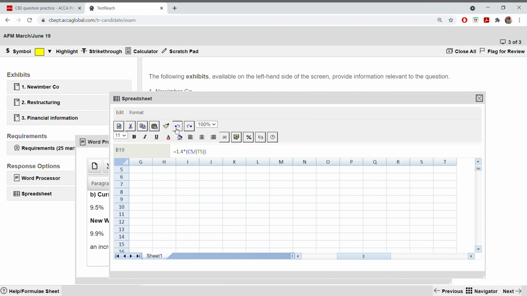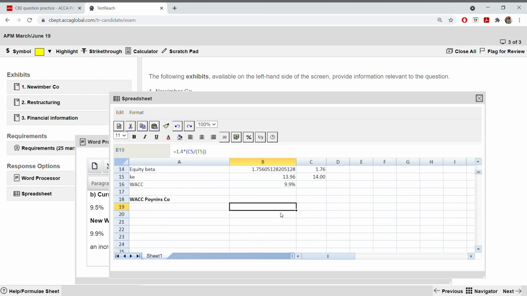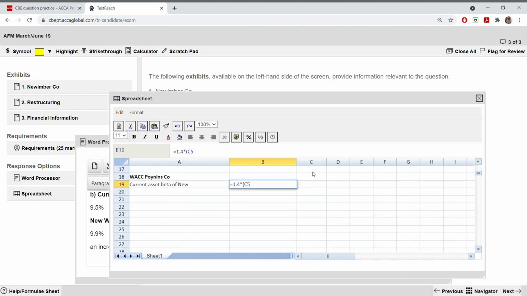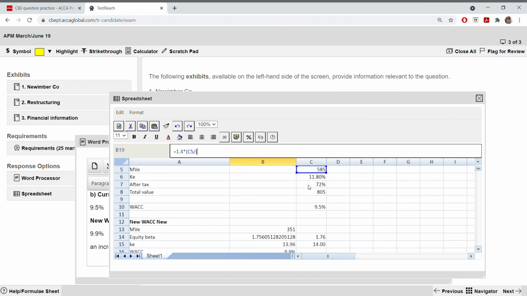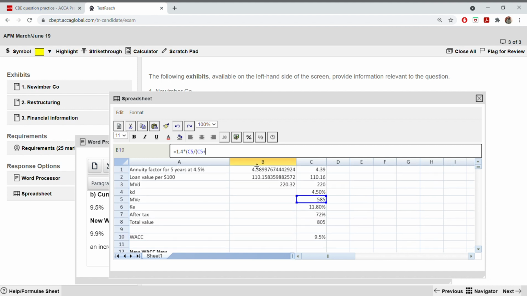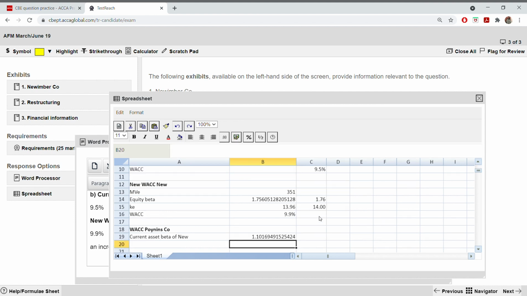Sorry, I've missed it out, so again I have to do it. 1.4 multiplied by 585 divided by, again bracket, 585 plus the market value of debt, which is 220. 220 into after tax 72%. Close bracket, enter.